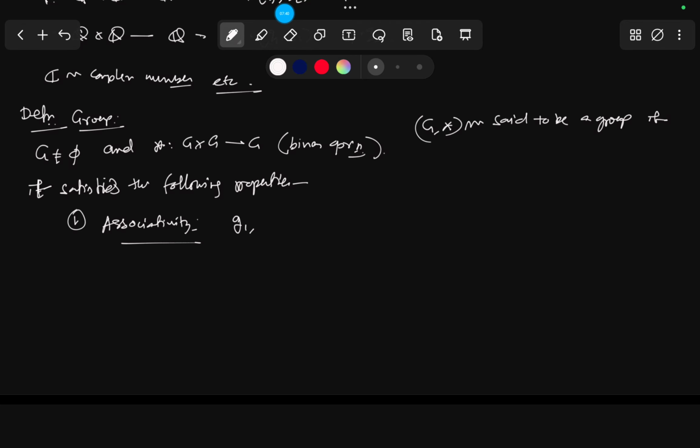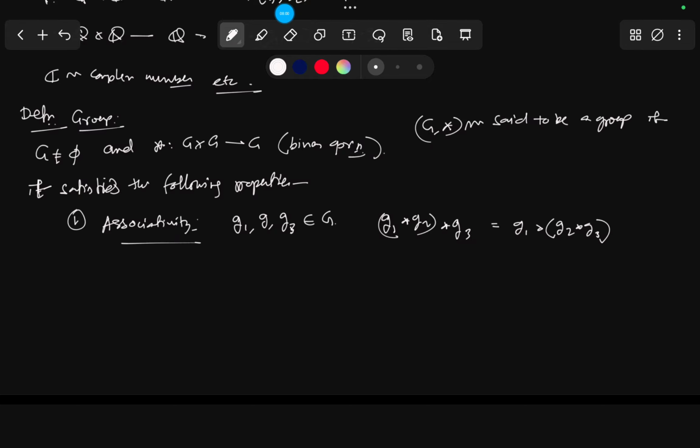Let us take any three elements g1, g2, g3 belonging to capital G. First you binary operate g1 and g2 and then operate g3 with that. That will be the same as g1 star (g2 star g3).